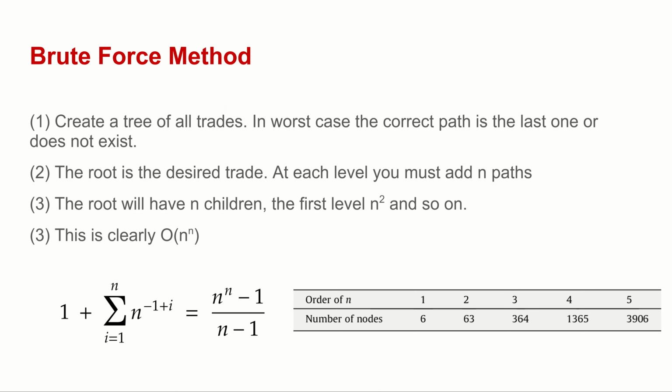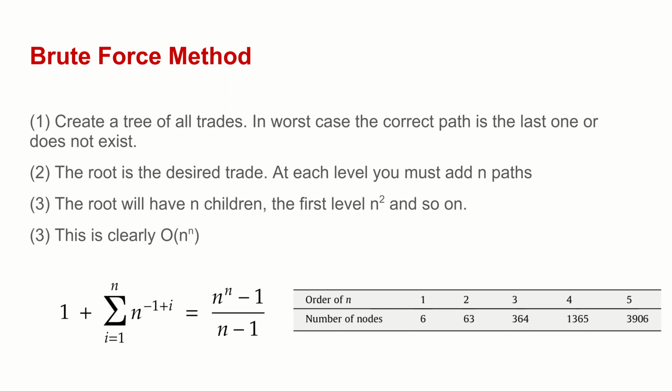Before we get into the actual multi-way trade algorithm, we should talk about how you would brute force this as a baseline. Essentially, to brute force it, you would create a tree of every single trade. And since we're looking for a worst case here, the worst case would be if you have to go through every single path to find the correct one, or it simply does not exist.